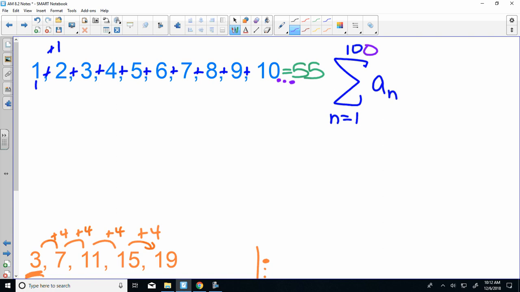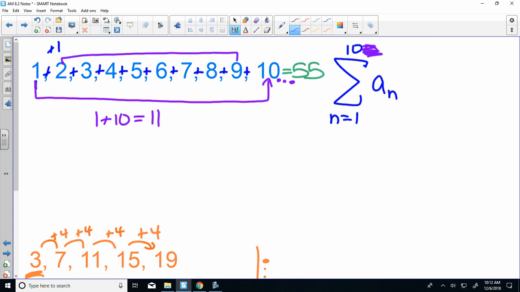Well, if we look at this, if you take this term and this term way over here, if we're just dealing with the 10 again, what is 1 plus 10? Oh, that's 11. And if you take the second term and add it to the second to last term, you would have 2 plus 9.